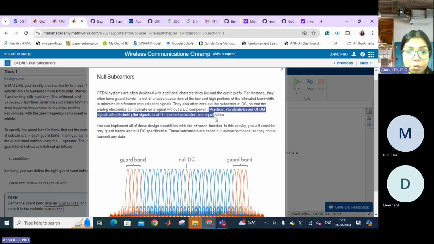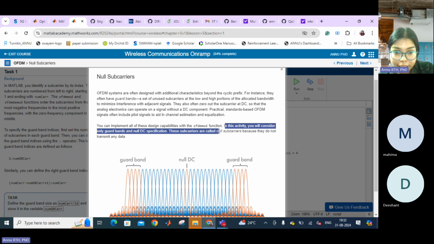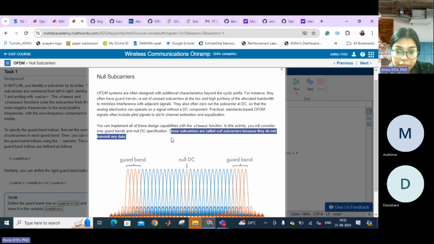Practical standards-based OFDM signals often include pilot signals to help in channel estimation and equalization. You can implement all these design capabilities with the OFDM mod function. In this activity, you will consider only guard band and DC specification. These subcarriers are called null subcarriers because they do not transmit any data.